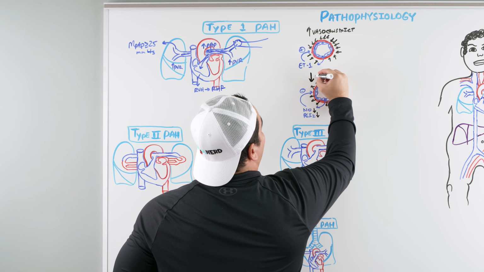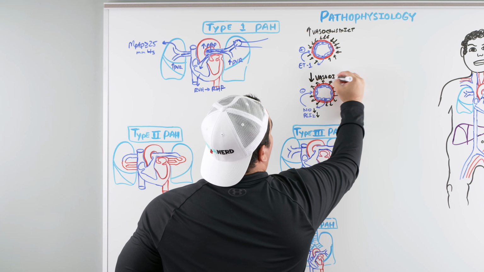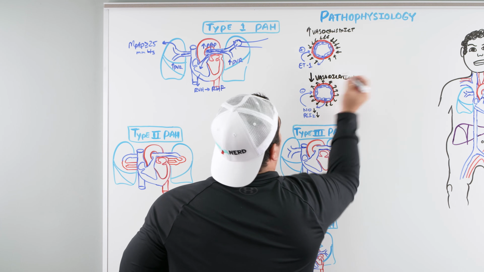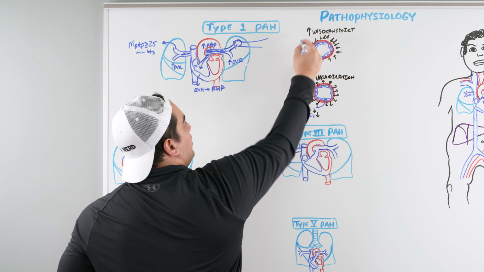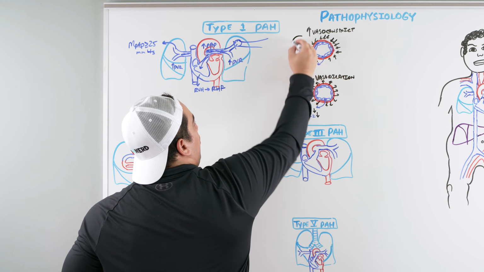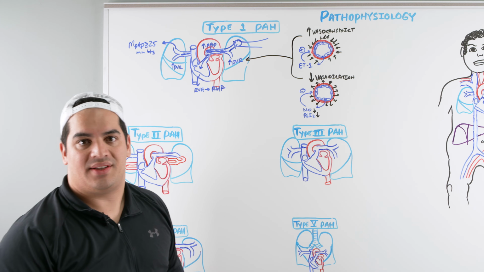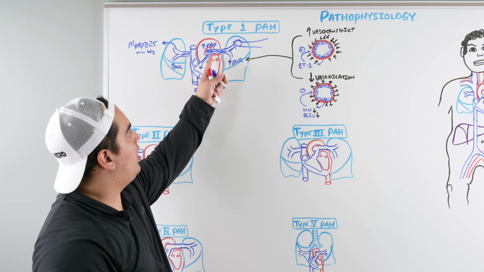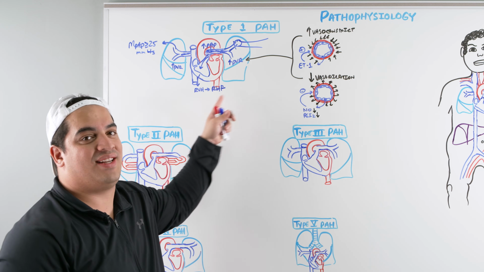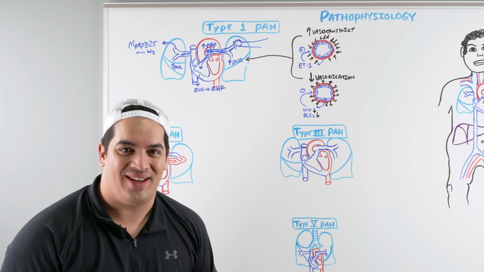So there is a decrease in the vasodilation. And when you take the combination of an increased vasoconstriction and a decreased vasodilation, what do you get? The increased peripheral vascular resistance, therefore increasing the pulmonary artery pressure, putting strain on the right heart, causing it to eventually fail. You guys get the whole point here.